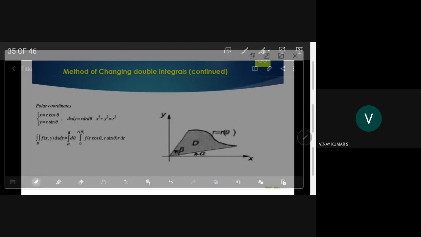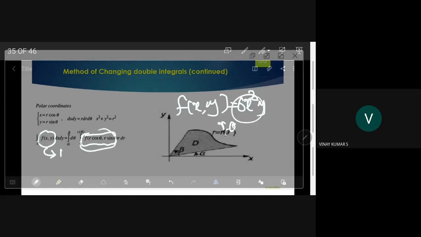In the problem we just discussed, f of xy is 1. Usually, suppose f of xy is 6x square y as in the previous case, then you put x equal to r cos theta and y equal to r sin theta, and convert the whole thing in terms of r and theta.